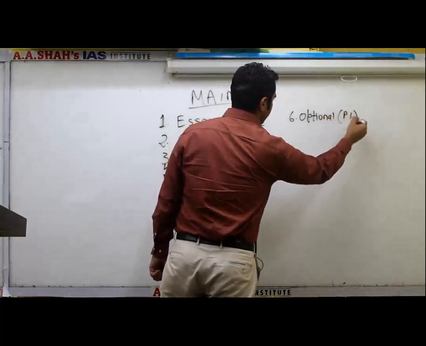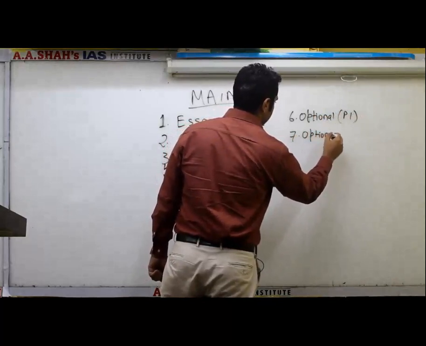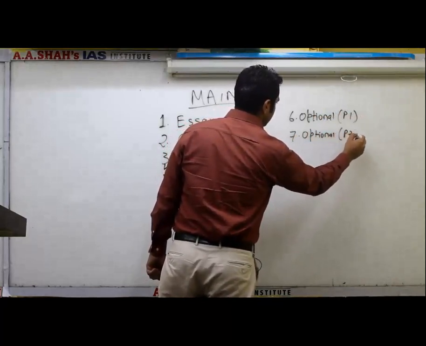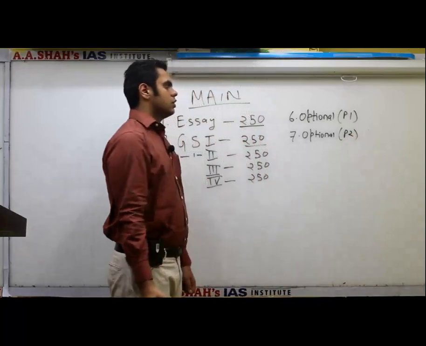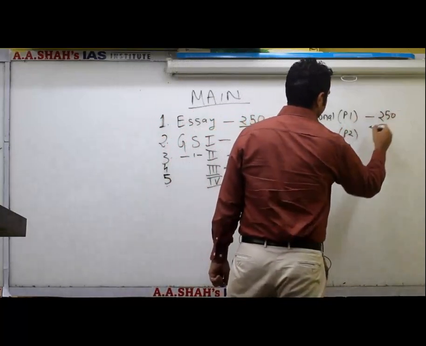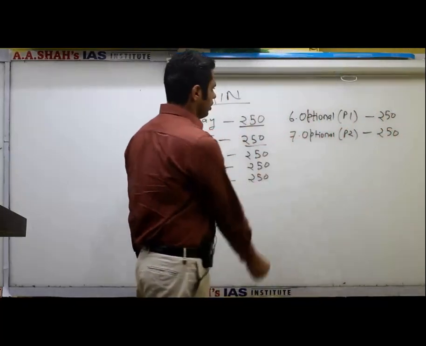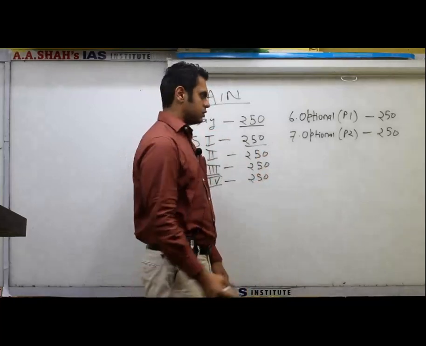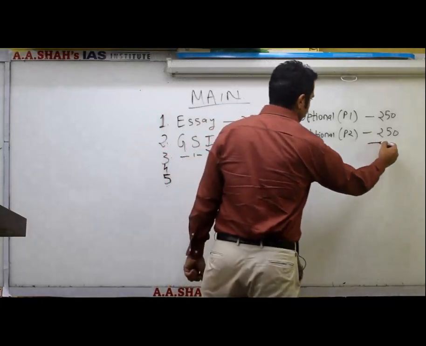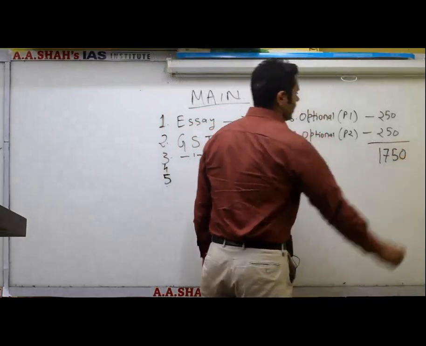Optional paper 1, and you have optional paper 2. Each paper is 250 marks again. So if you total all these papers, ultimately your total mains examination is out of 1750 marks.